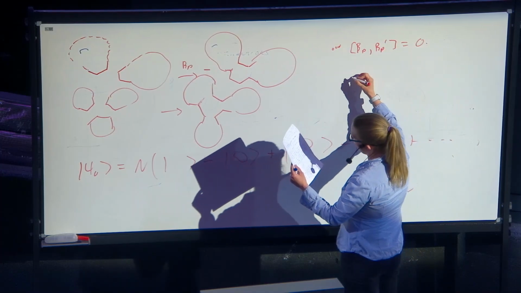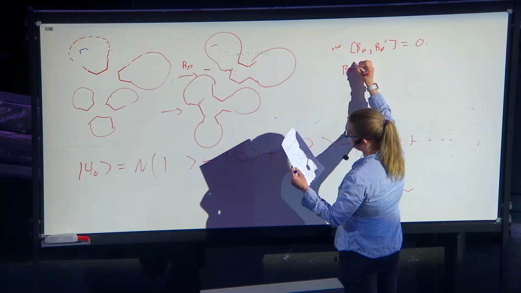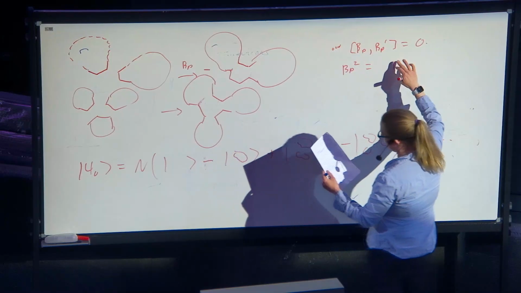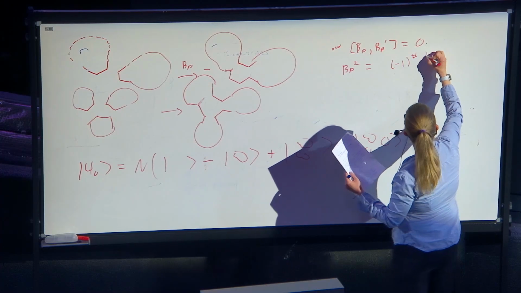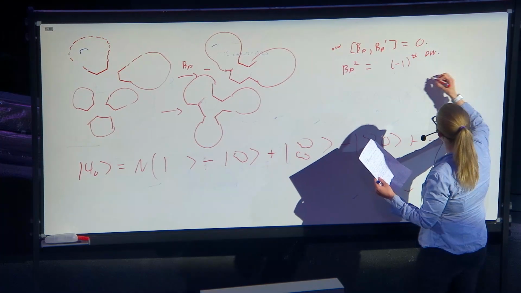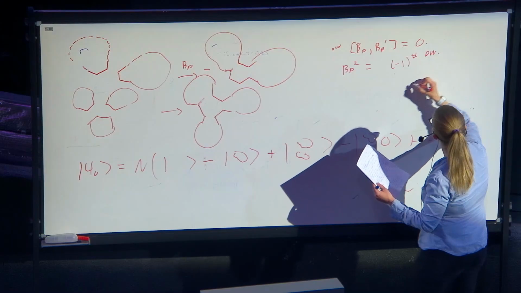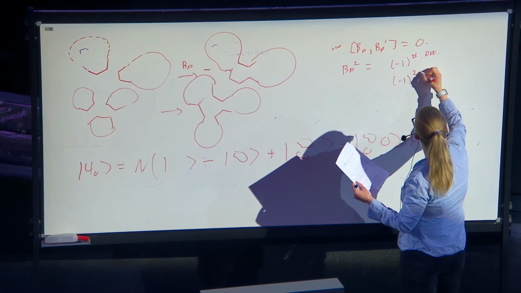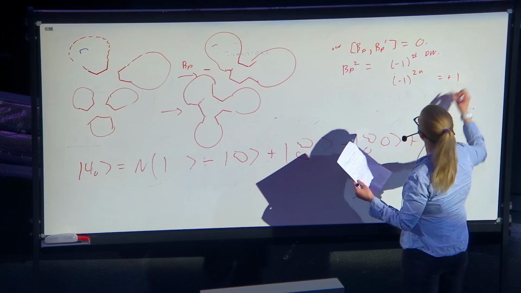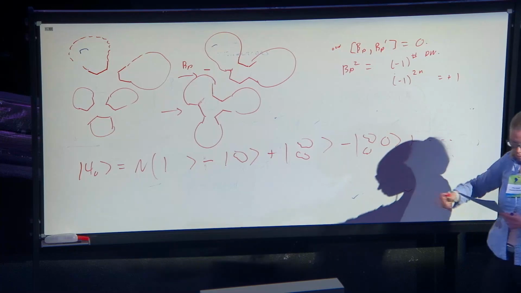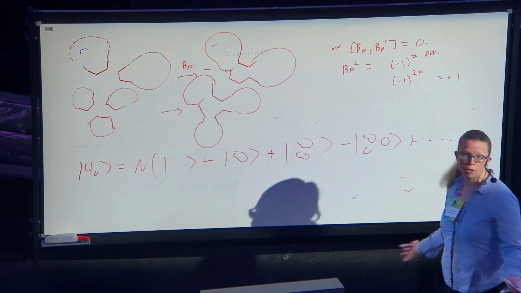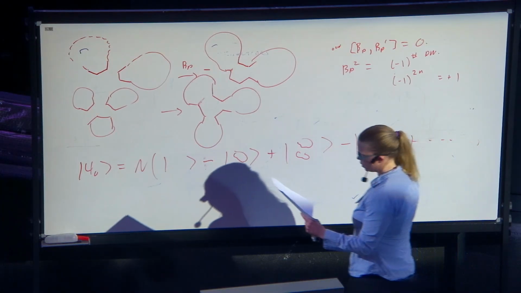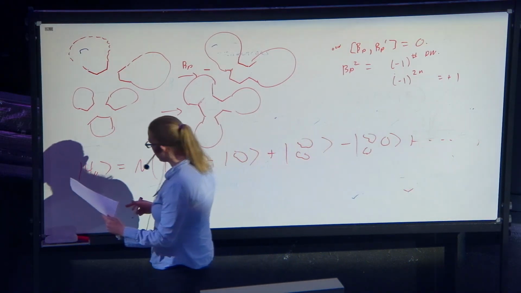And you can also check that BP squared is equal to -1 to the number of domain walls on the plaquette, but this is even. So it's -1 to the 2 times some integer, which is +1. This is how we're building up these projectors. So this is another state. It looks a lot like the ground state of the toric code.